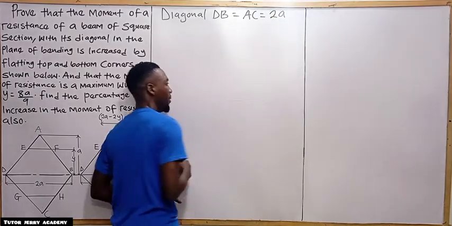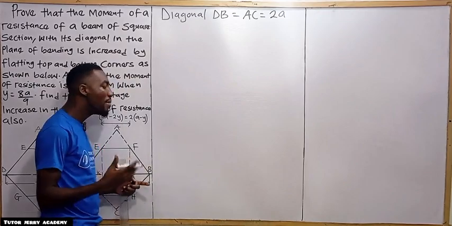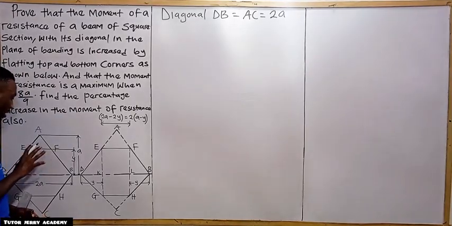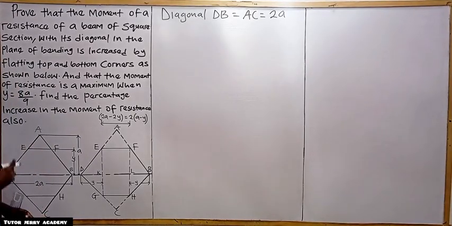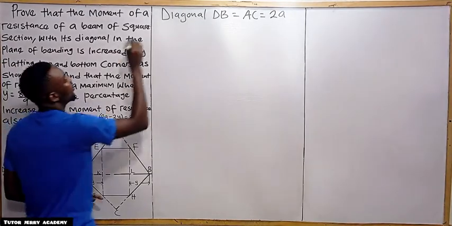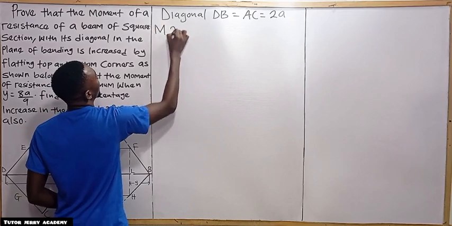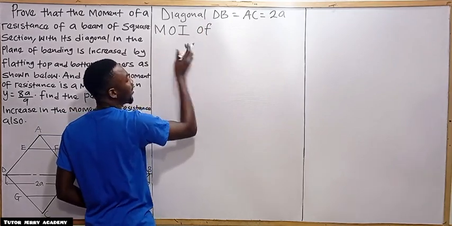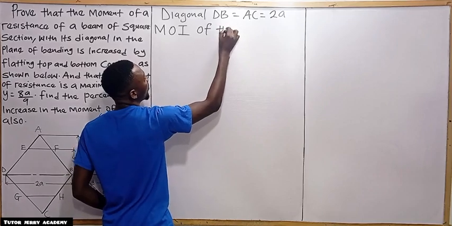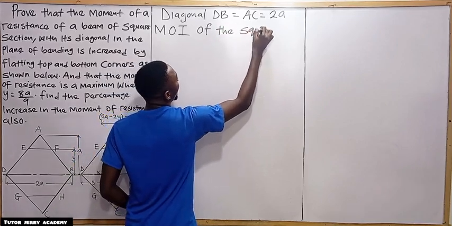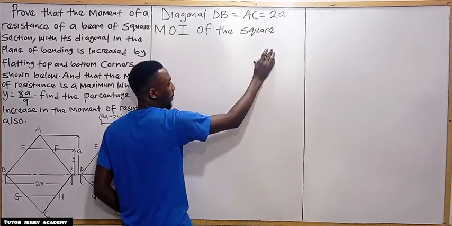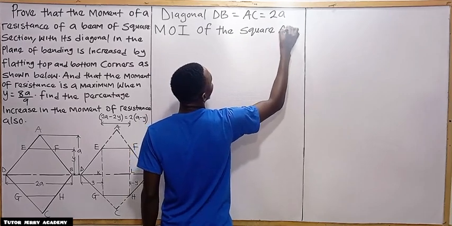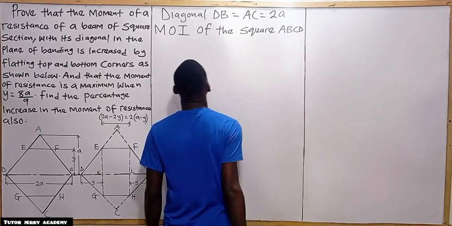Now, the next thing we want to calculate is the moment of inertia of the square section, which is the square ABCD.